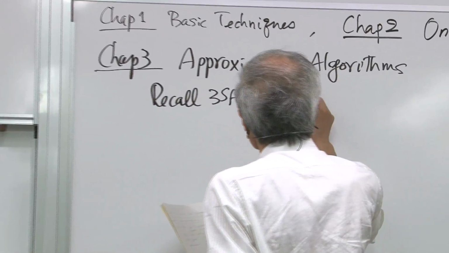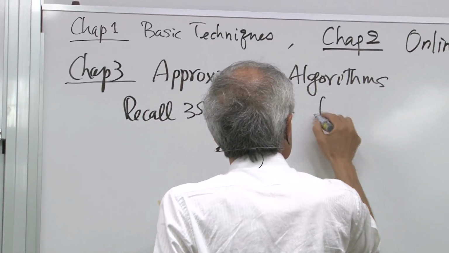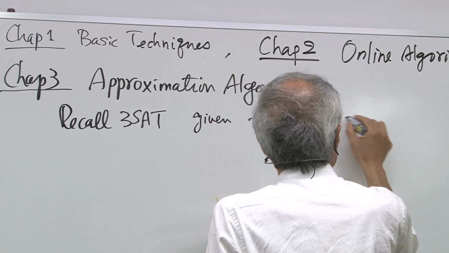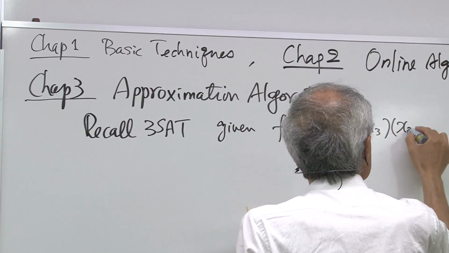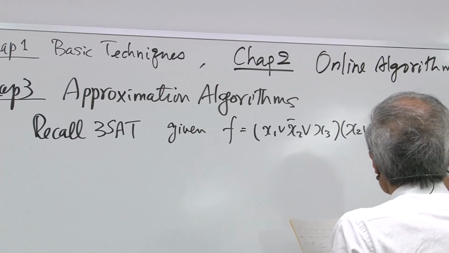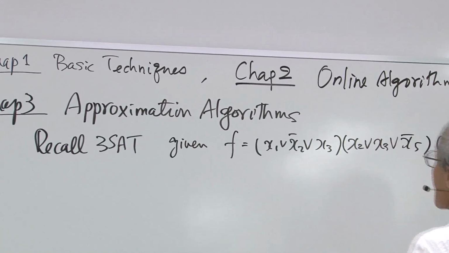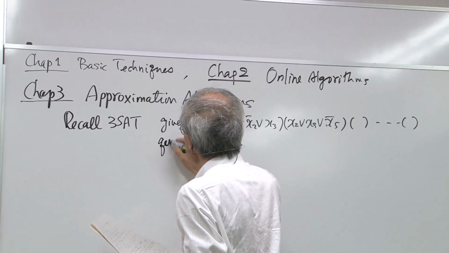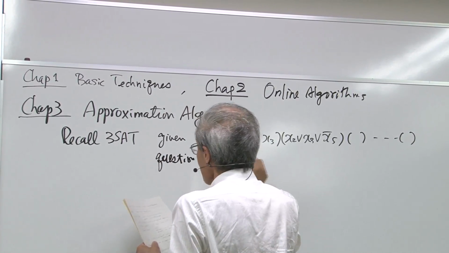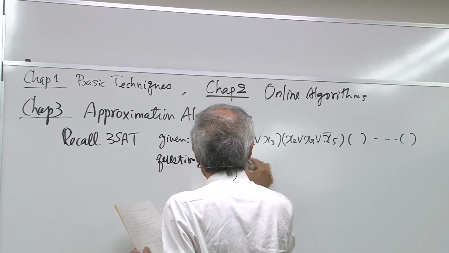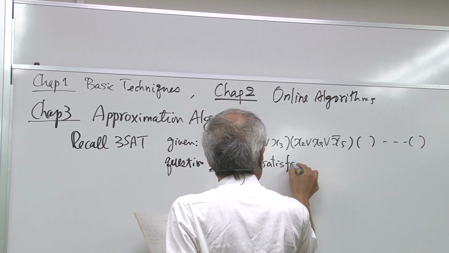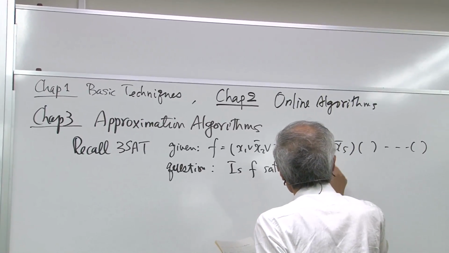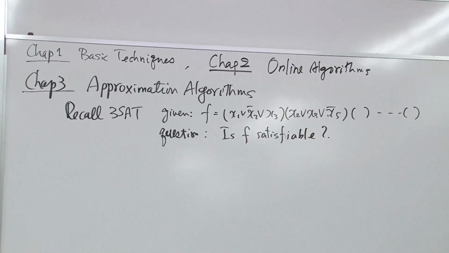We are given a Boolean formula F like this, and the question is: is F satisfiable?